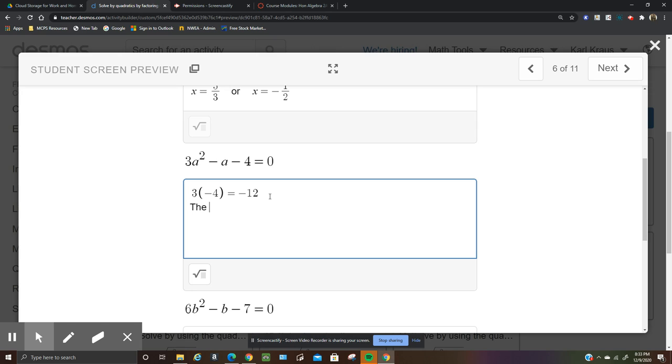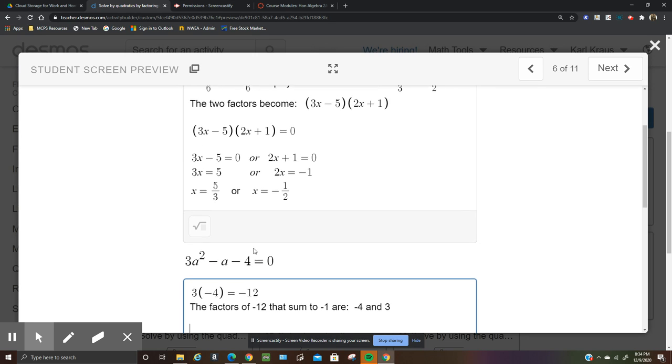And then the factors of negative 12 that sum to negative 1 are 4 and negative 3, or negative 4 and 3. Negative 4 and positive 3. And then you want to take both of these factors and divide by 3.